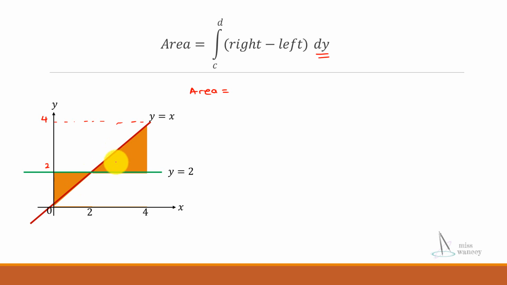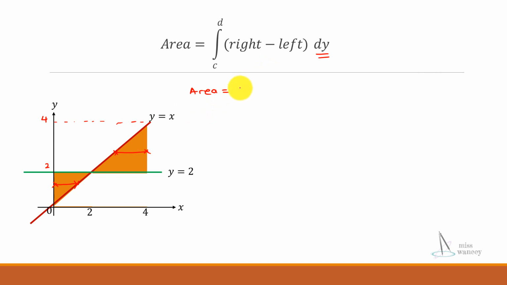If we look at both of them, we actually change what function is on our right hand side and what function is on the left hand side. So do make sure you separate your integral into 2. So for this one, the right hand side is the red one. The left hand side is the line. For this one, the right hand side is the line. The left hand side is our red line.